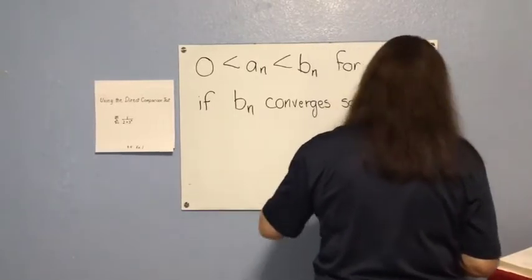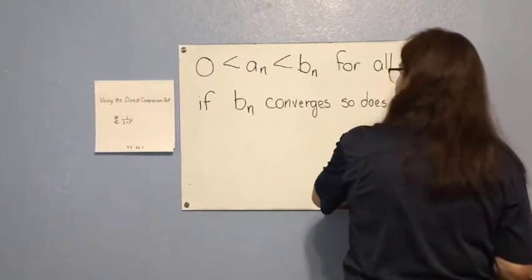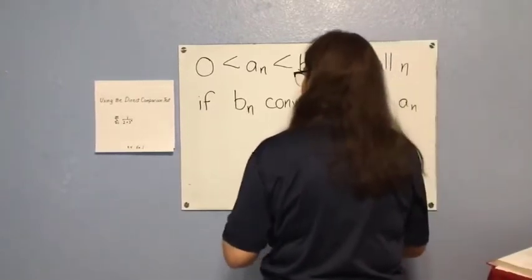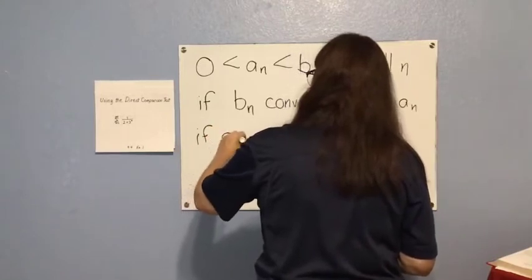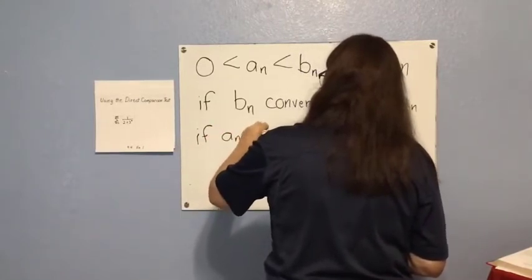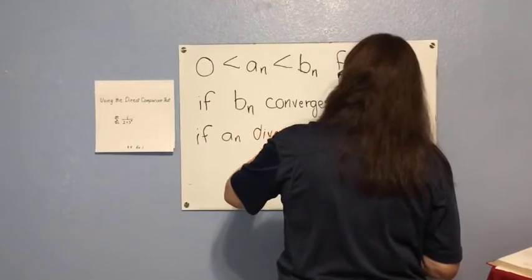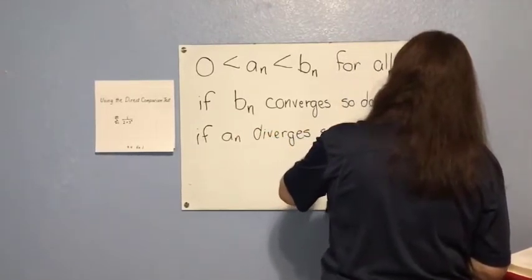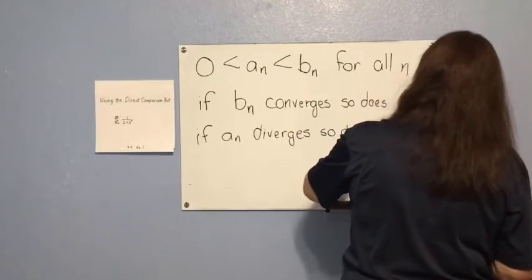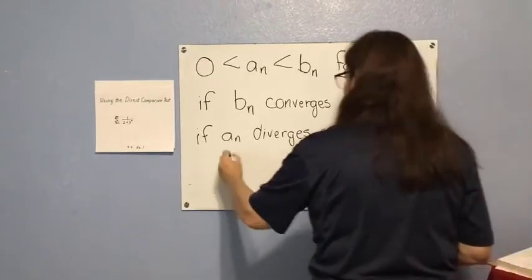Okay, and there's another part of this that says if A sub n diverges, then so does B sub n.